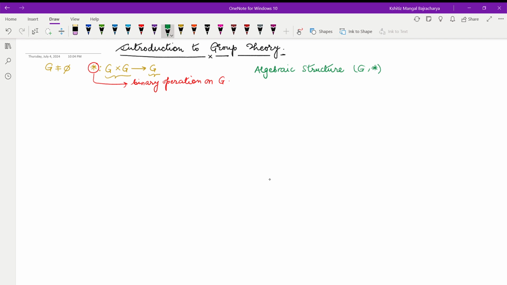Now let's define a group. Let (G, star) be an algebraic structure.